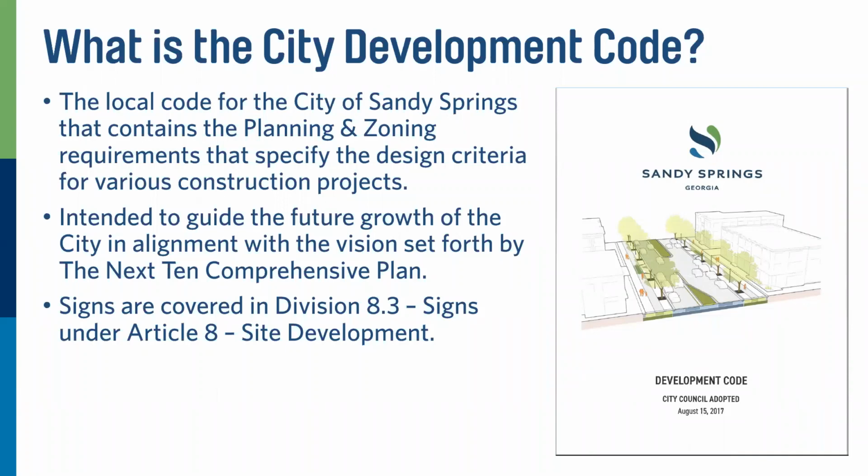There's a master plan that we have called the Next 10, and everything in that is based on the future growth of the city. So that's why we have it. Otherwise, it's the Wild West. You'd see big old Las Vegas signs everywhere next to our neighborhoods, and that probably wouldn't go over too well. Specifically, signs are covered in Division 8.3 under Article 8 of the Development Code.